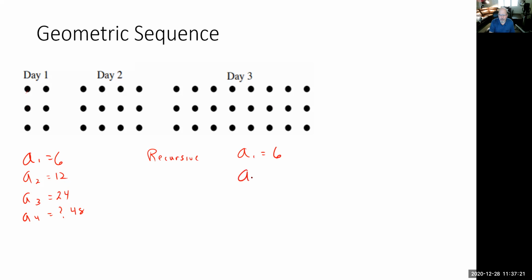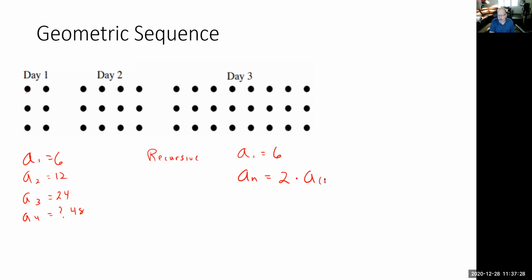And then the next one equals 2 times the one before it. The one before it is written a sub n minus 1. That means the one before it. The next one, a sub n, is 2 times the one before it.